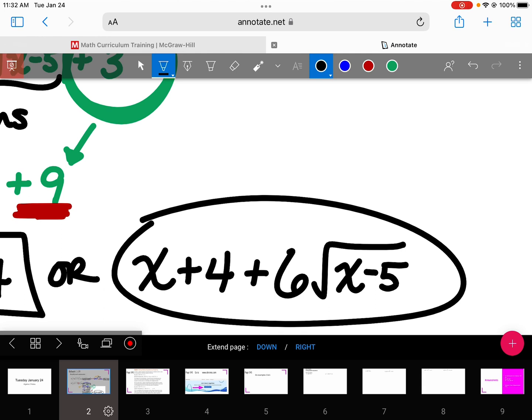What do I do with the other side? What do I do with all of this? Put it on the next line down with a y equals in front of it. Y equals negative square root of 2x plus 1.